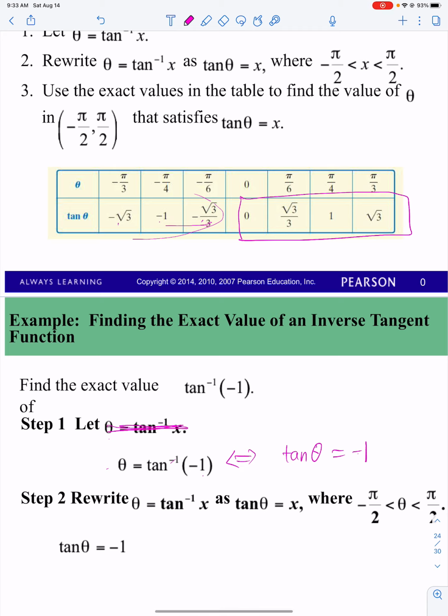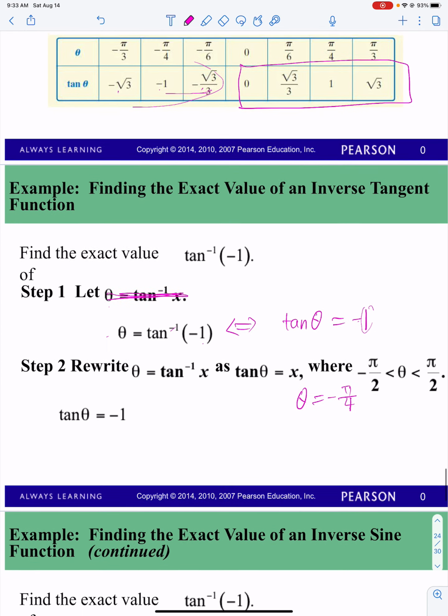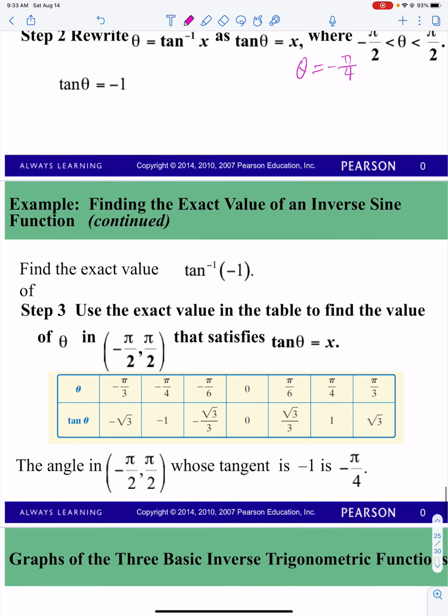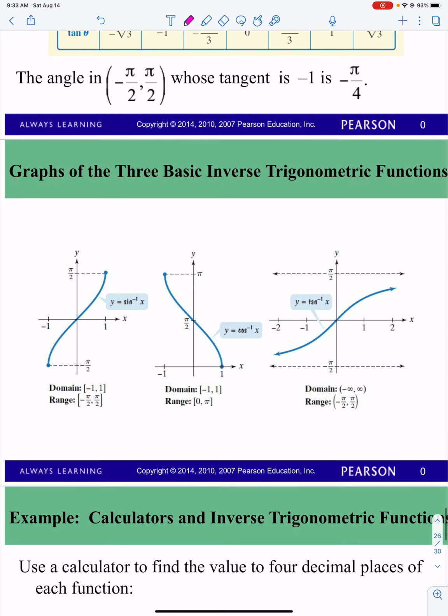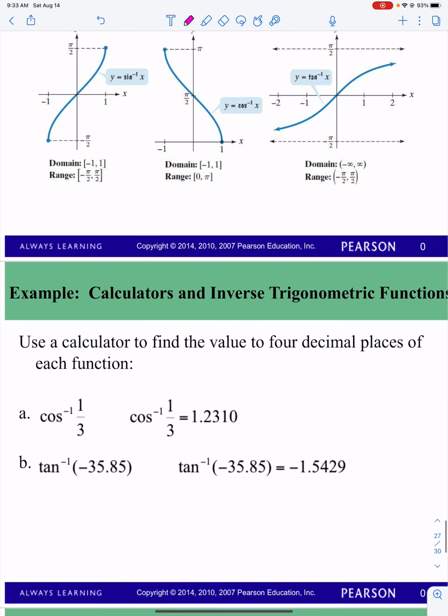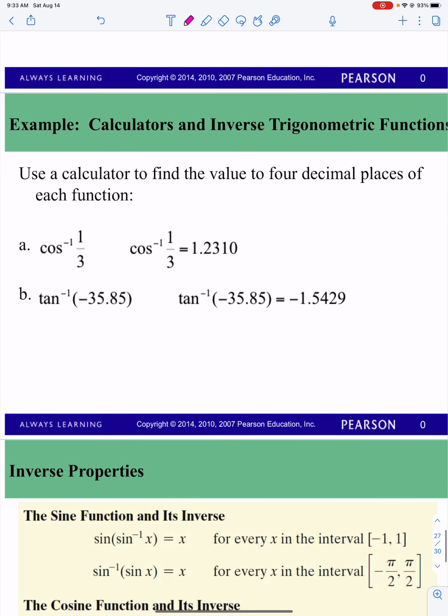You can forget about the negative sign for the moment. Tangent theta equal to 1 gives pi over 4. And because of the symmetry, you just have a negative sign in front.